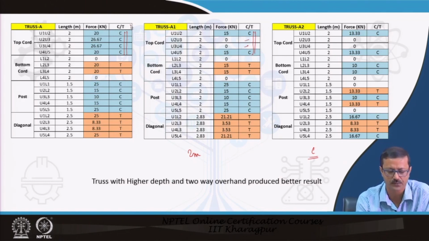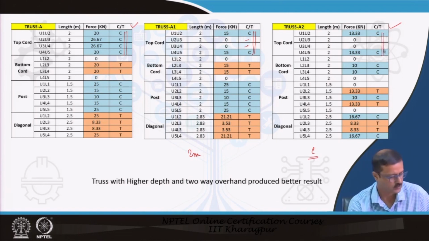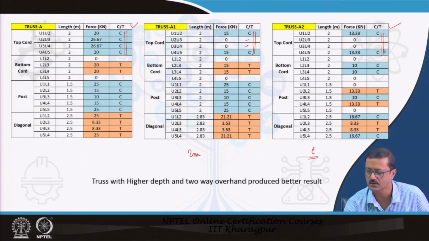But you see, compared to this, the top chord is having compression and also 0. Let me check this. Truss A2 is having some, I think this is not compression, there is a small mistake, this is tension, that is the important part of it.